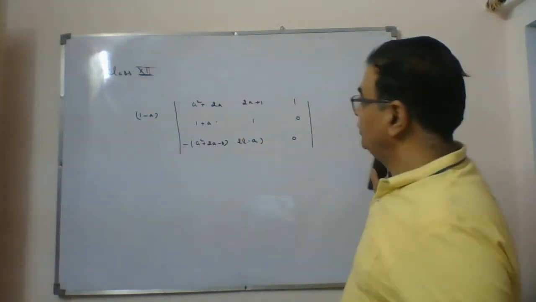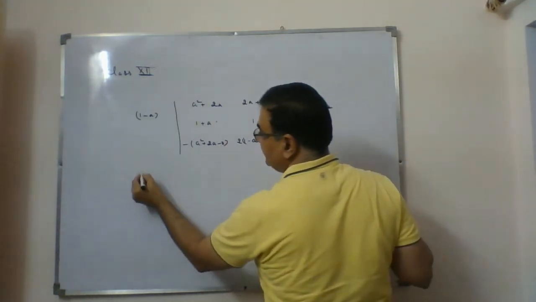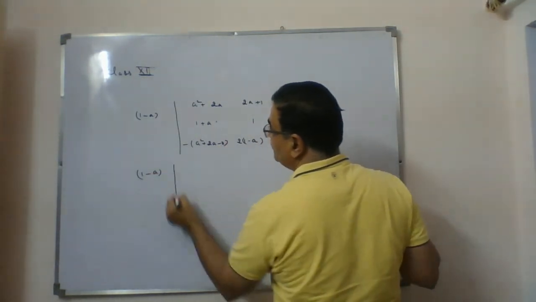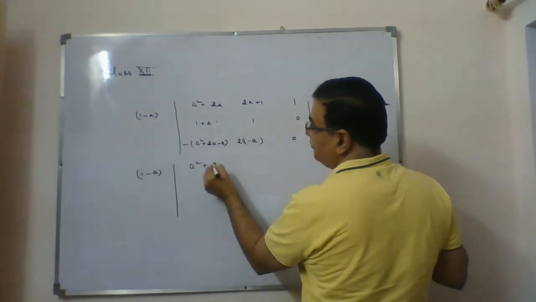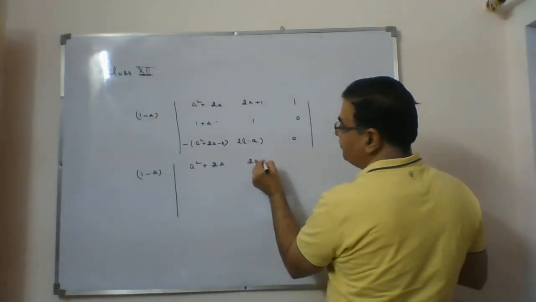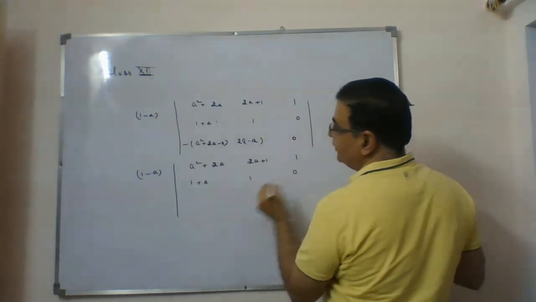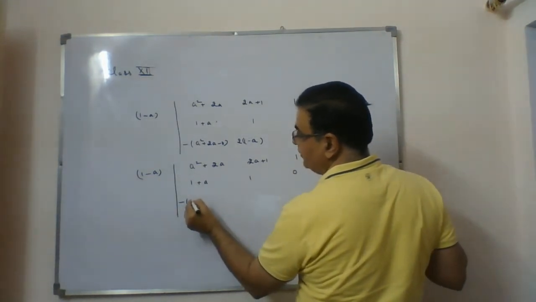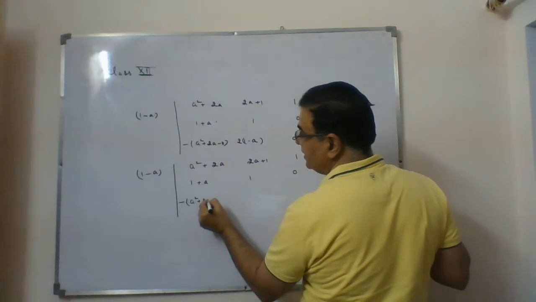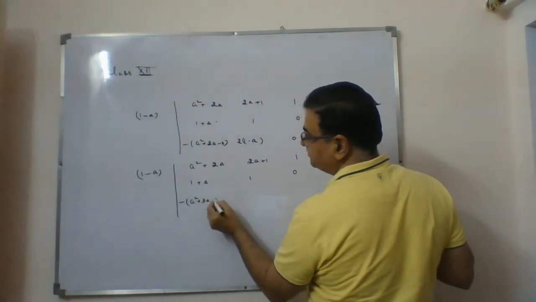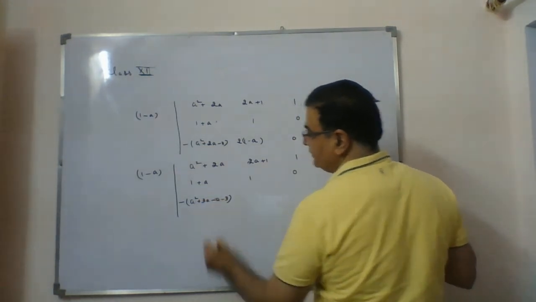Now, can you split this in two parts? a square plus 2a, 2a plus 1, 1, 1 plus a, 1 and 0, minus this will be a square plus 3a minus a minus 3.